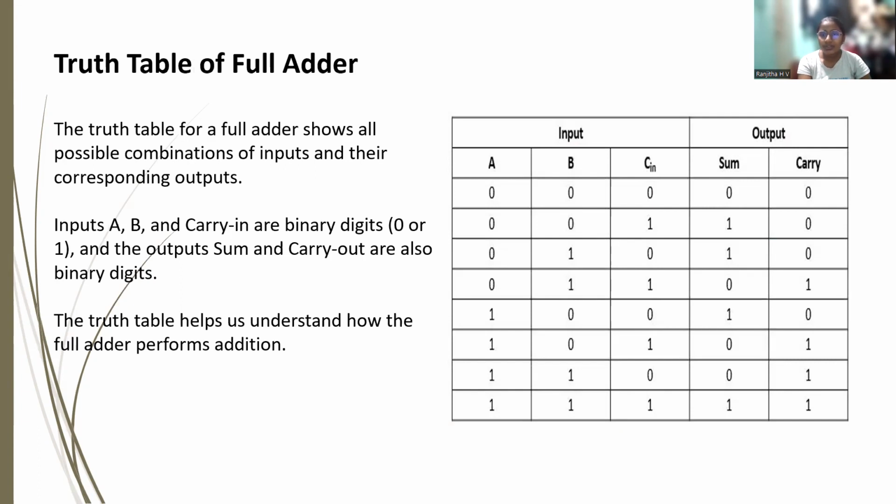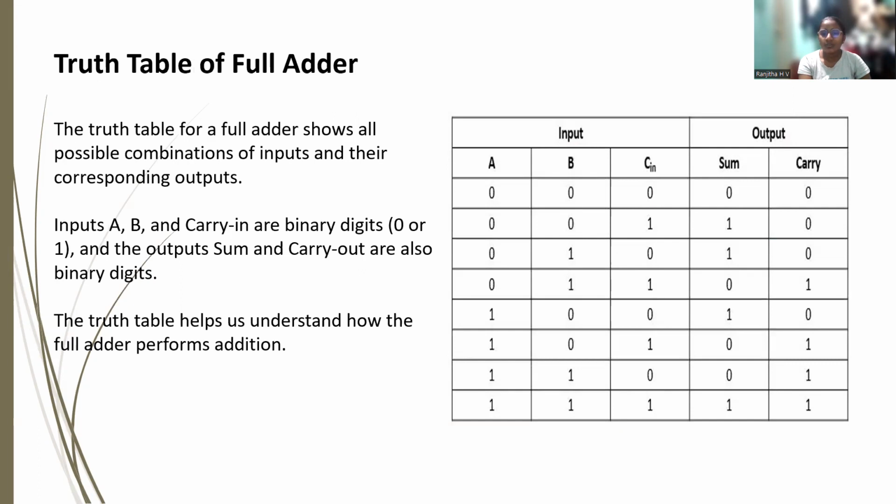When A, B, C in are all 0, we get a sum of 0 and carry is also 0. And again, A and B equal to 0 and C equal to 1. The sum is 1 and carry is again 0. And then A equal to 0, B equal to 1, C equal to 0, and the sum is 1 and carry is 0. Then A equal to 0, B equal to 1 and C in is 1, the sum is 0 and the carry is 1.